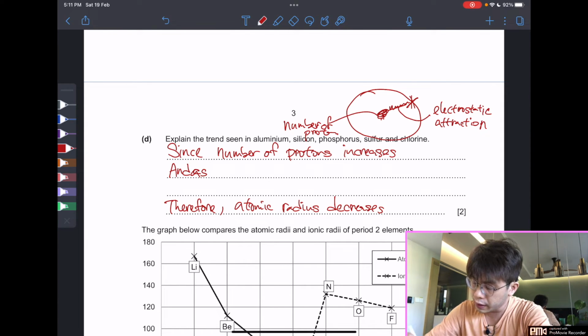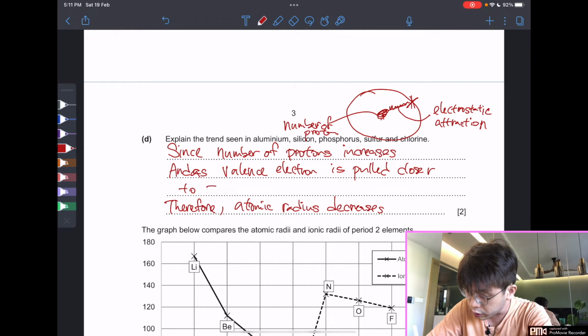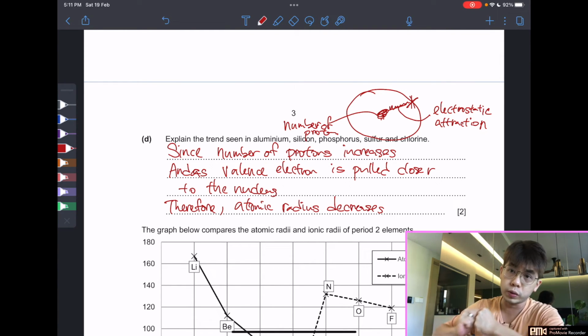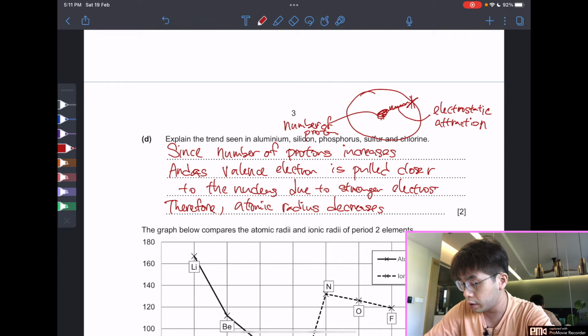So, and as the valence electron is put closer to the nucleus. Why is it put closer towards the nucleus? It's because due to stronger electrostatic attraction.